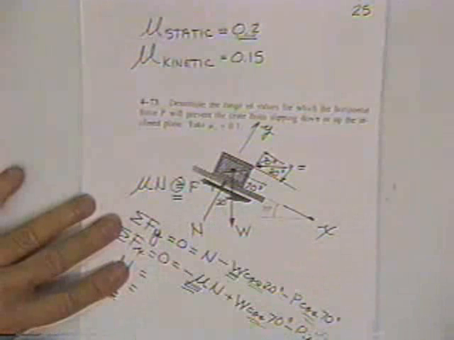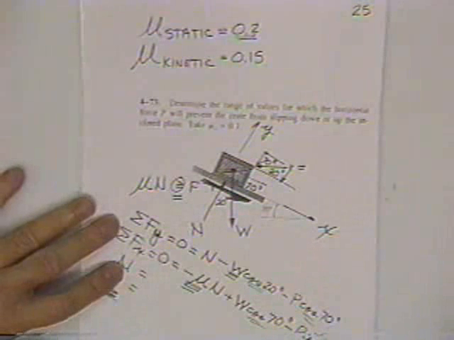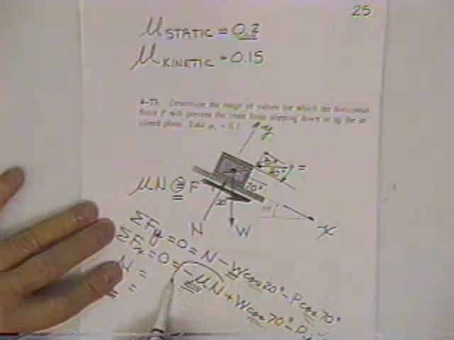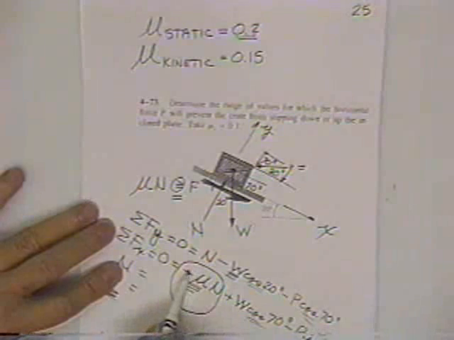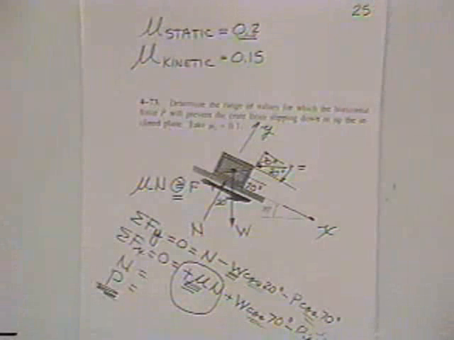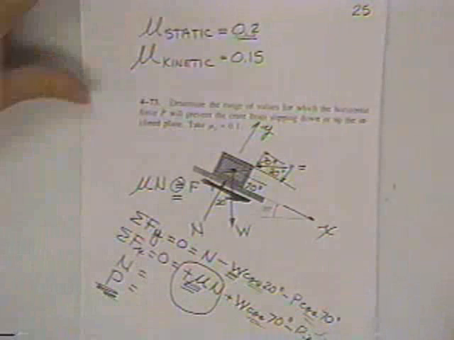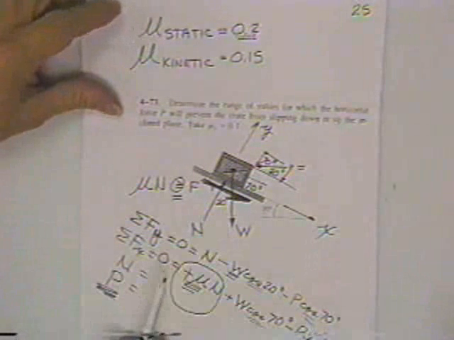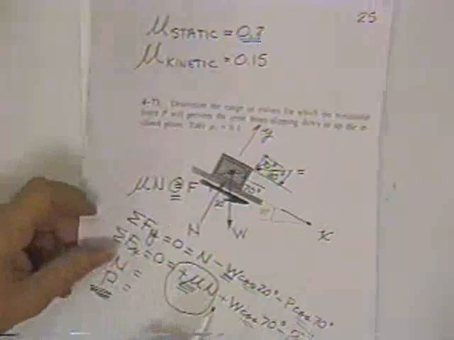So every equation where the friction force was a plus number, now the friction number is a minus number, or vice versa. That friction number only showed up in one place. That's right here. So only change would be right there. And then you would solve for P again. You'd know how much it would take to get the crate moving up the hill.